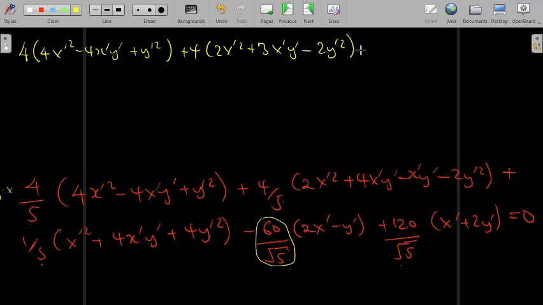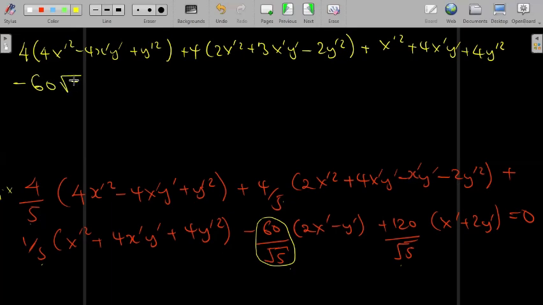Okay, that looks nice. Then here, that gives me 1. So 1 multiplied by whatever I have, I'm just going to have the same thing: x prime squared plus 4x prime y prime plus 4y prime squared. Okay, that looks good. Then the next part, because you've cancelled that out, this gives you a negative. That will be negative 60 root 5.